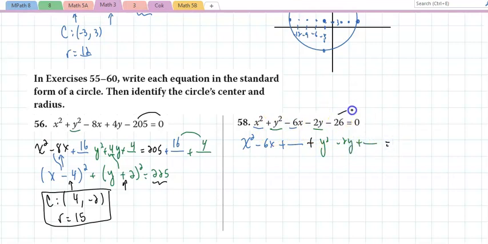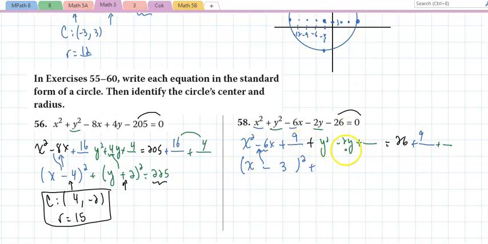I would move the 26 to the other side. Whatever number I add to the x's, I must add on the other side. Whatever number I add to the y's, I must add on the other side. Take half of 6, which is 3, and square it, that becomes a 9. That's a perfect squared x, always with that sign, the number before you squared it.